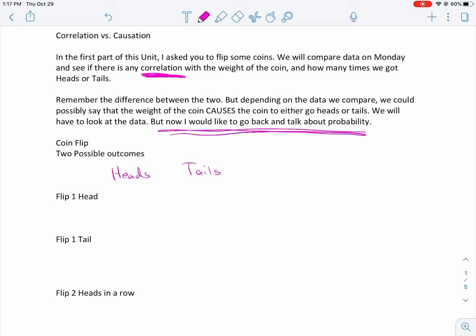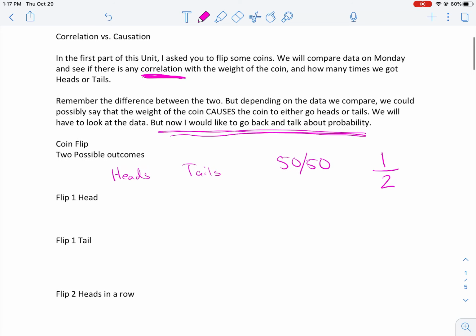Which means that since there's only two options, we have a 50-50 chance of landing on heads or tails. And so the probability of getting a head is 1/2, or 0.5. And the probability of getting tails is also 1/2, or 0.5.